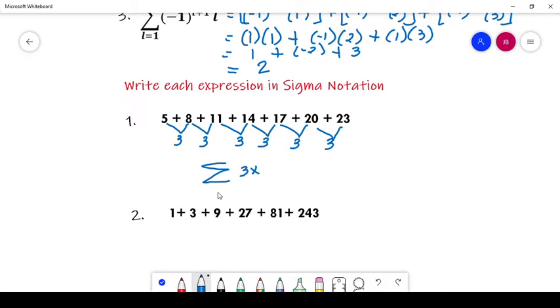If you choose variable x, our index is x equals, let's say, our starting point or lower limit, and that is 1. So 1, try to substitute in your expression. We have 3 times x, or that is 3 times 1. Would it satisfy our first term? No. So what can you do to get our first term? We need to add 2.